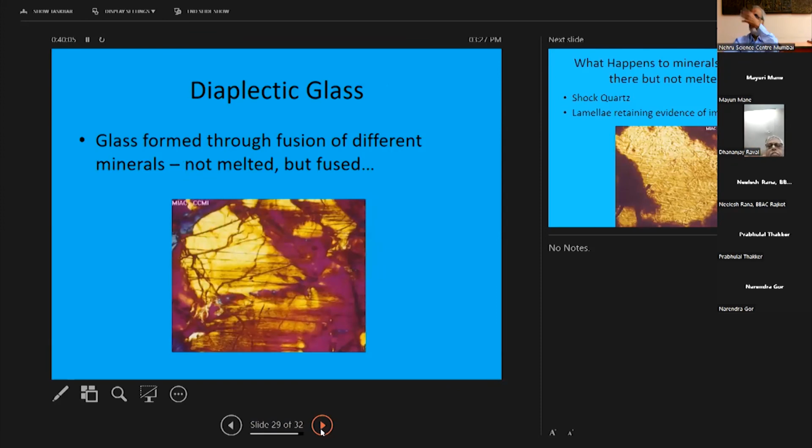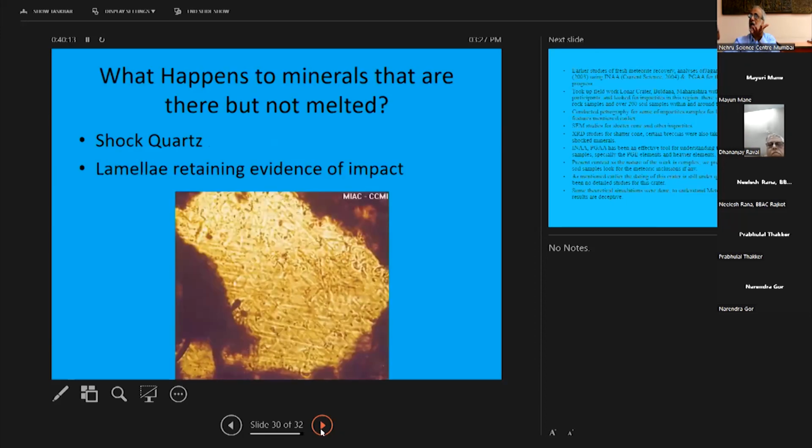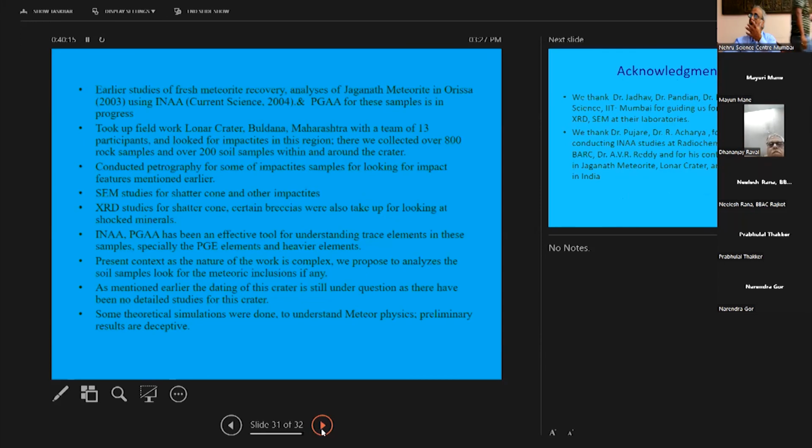Now I won't go into more details of this glass, the diaplectic glass and so on, but I will definitely like to show you something more. Now I come to the field work. Even today, there is a very strong need for people to go and analyze water. We have done the diameter, all right, but there are more things which come out of it.